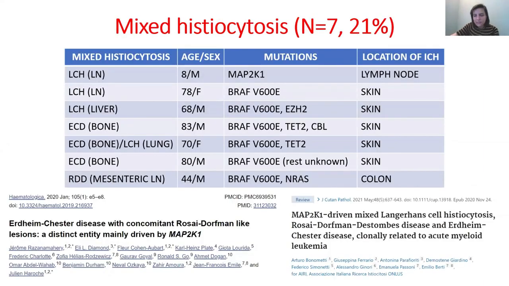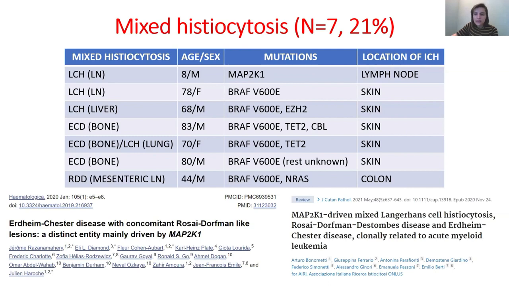Also, 7 patients, which is about 20% of our cohort, had concurrent or prior histiocytosis with non-IDCH histology, including 3 patients with Erdheim-Chester disease, including 1 patient with mixed ECD-LCH, 3 patients with LCH, and 1 patient with Rosai-Dorfman disease, consistent with mixed histiocytosis.